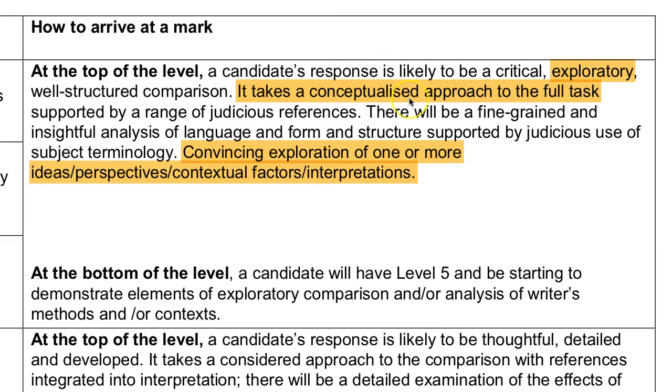Well, whose? Well, obviously, the poet's concepts. So, linking the poems by topic, they're both war poems, doesn't tell us anything about a concept. But linking it to the poet's purpose, that's a concept. Okay, Miss or Mr. Examiner, please consider me in the top mark range.